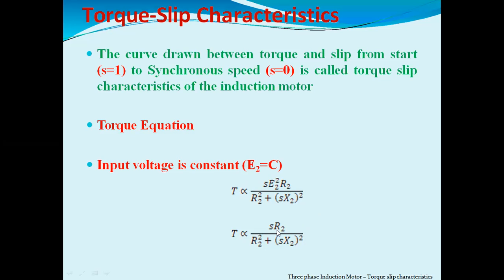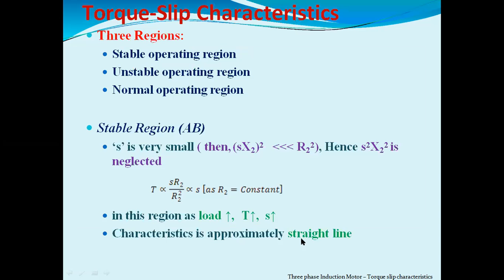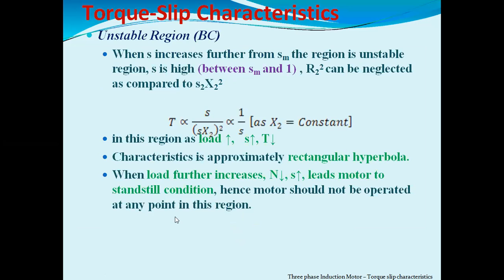Here we consider S x2 instead. At that time, if we neglect R2, our equation becomes torque equal to 1 upon S x2. So if we take the reactance as a constant, torque is inversely proportional to S. So in the unstable region, torque is inversely proportional to S if we take the reactance of the rotor as a constant.